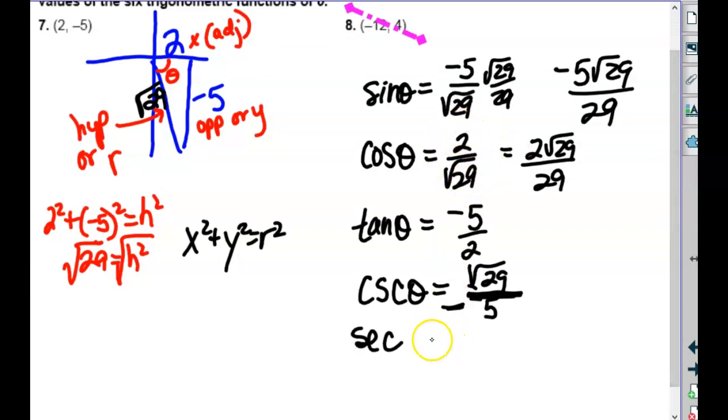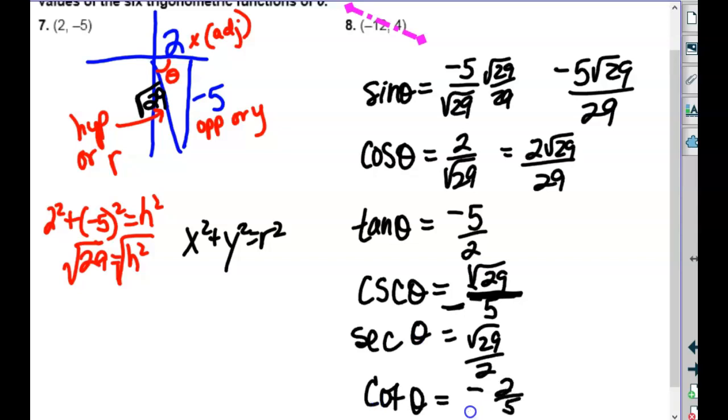Flip the cosine over. So it's square root of 29 over 2. And cotangent is -2/5. Questions? We good with that? Once we draw the triangle, we can do all that.